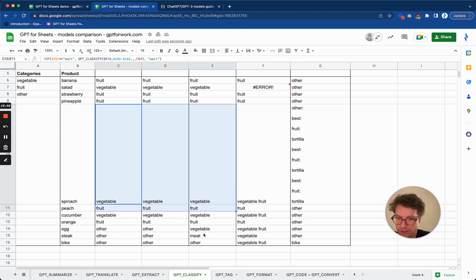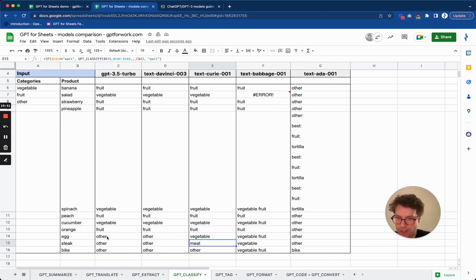Do we have any differences here? Okay, so in this case, the end is more interesting. Both ChatGPT and DaVinci got the egg, steak, and bike correctly classified as other, but Curie classified the egg as a vegetable, demonstrating a lack of knowledge in foods.